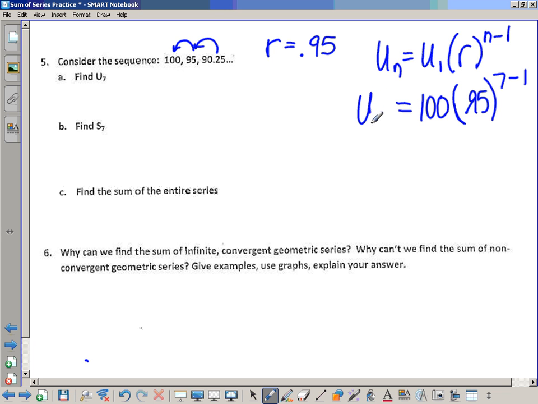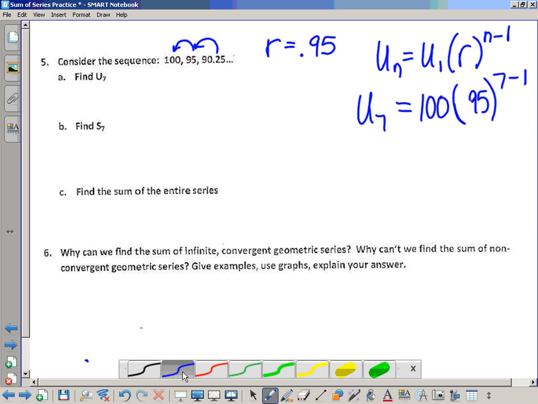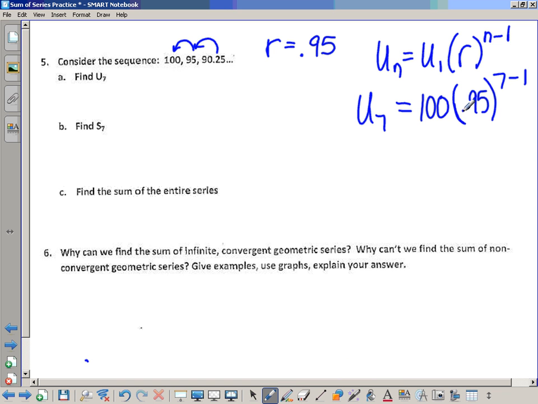This is how we can calculate u7. This is the explicit geometric formula that'll find the 7th term. Okay? When you calculate that out, it should come out to be u7, 73.509. All right, so that is the 7th term.